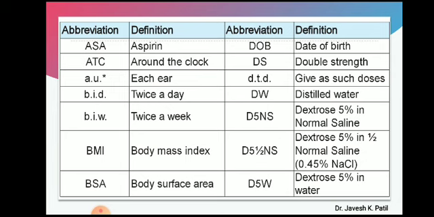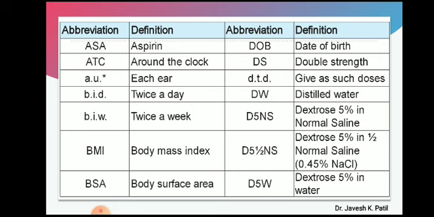Here AU means in both ears, for each ear. Another regularly used terminologies, BID. Okay, bis in die, or twice a day. BIW, twice a week. Important thing, BMI, this is also several times used, body mass index. Body surface area, BSA.